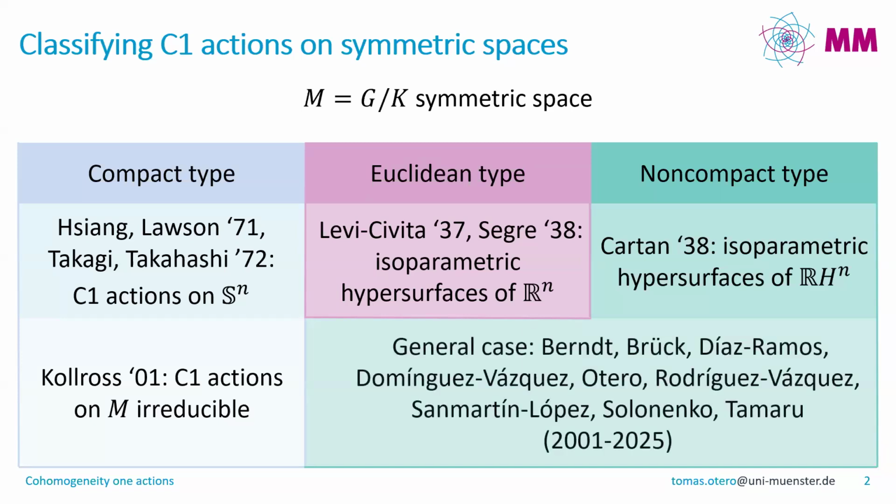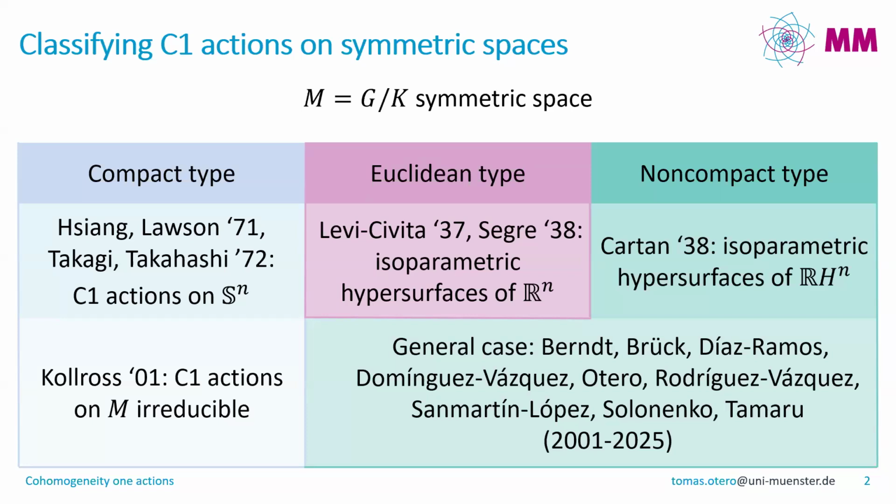And in the non-compact setting, we have both a disadvantage, which is that due to a lack of topological restrictions, symmetric spaces of non-compact type admit a lot of cohomogeneity-one actions.